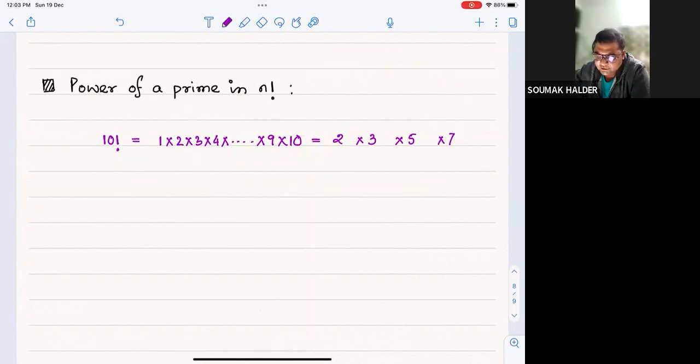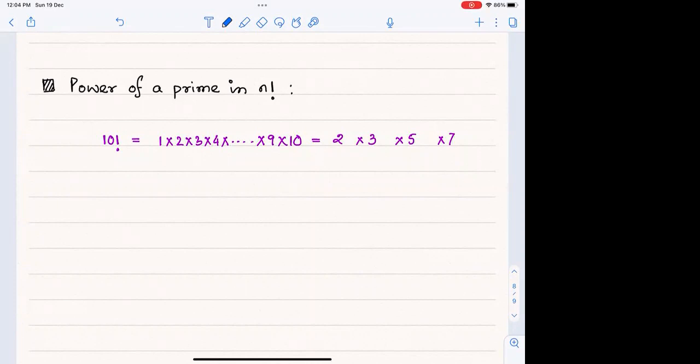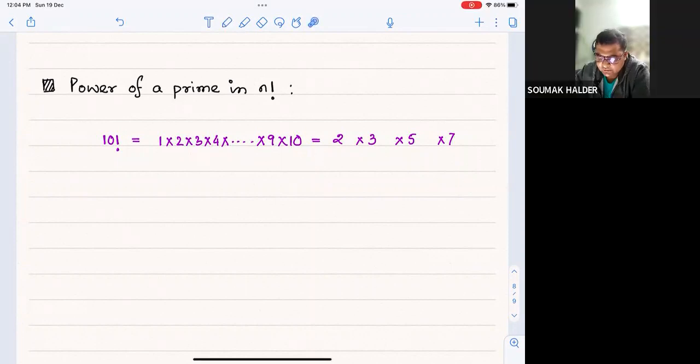Now, let us firstly consider the power of 2. How many factors are there who are divisible by 2? 2, 4, 6, 8, 10. There are 5 factors who are divisible by 2.